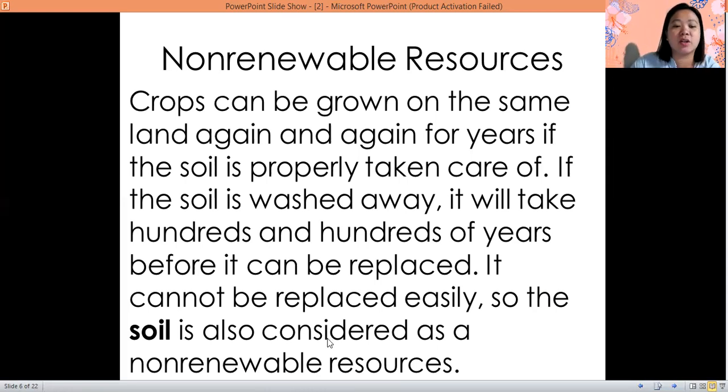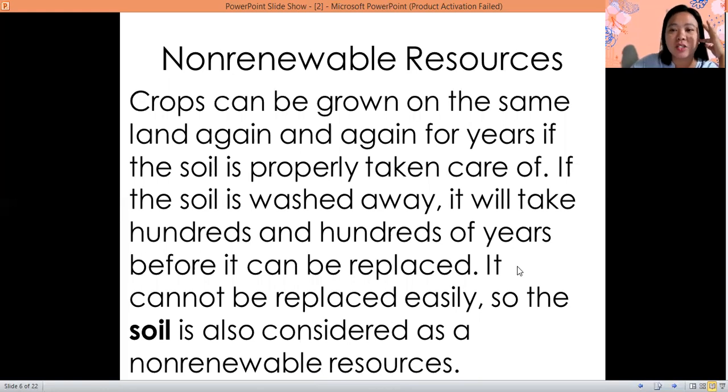So the soil is also considered a non-renewable resource, especially during a landslide. If it is washed away by water, or there's a flood, the soil that replaces it will take hundreds and hundreds of years to be replaced.